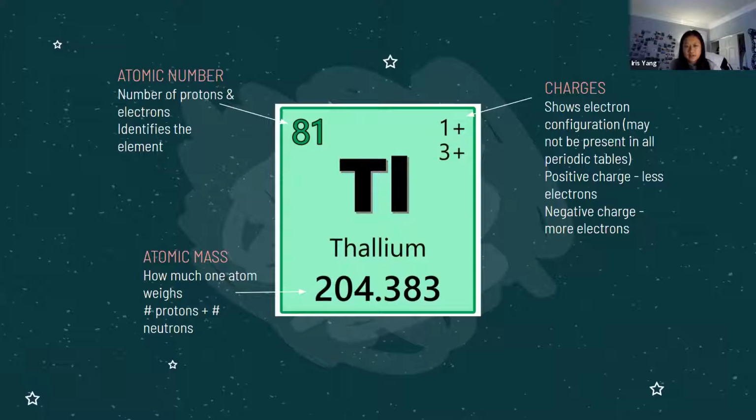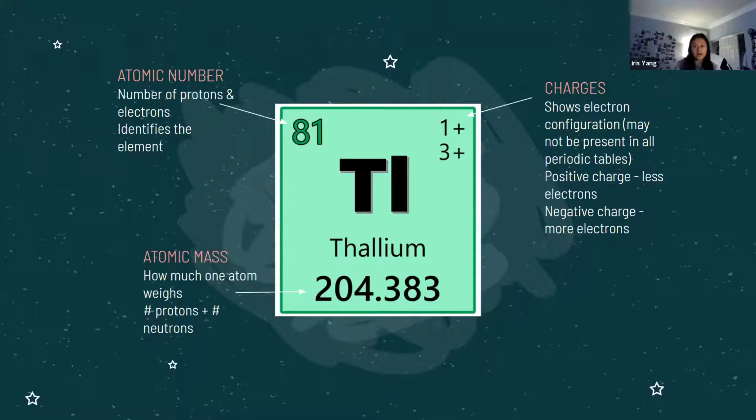So here's some basic information about all your periodic table elements. Usually in the top left corner, you have the atomic number, and that shows you the number of protons and electrons in that element.